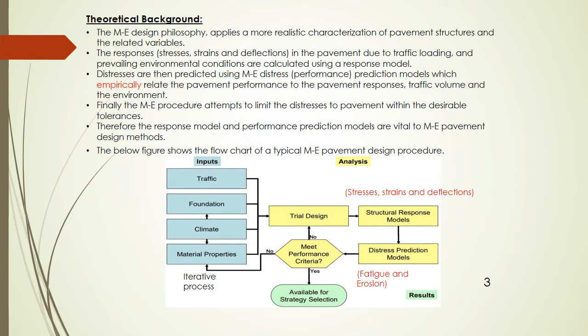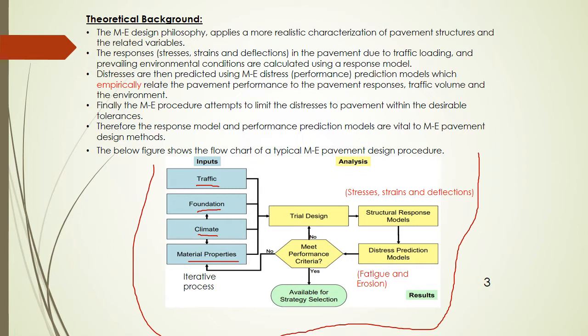As I said in tutorial number 6, design of flexible pavements according to the Asphalt Institute method, the mechanistic empirical approaches of design follow this chart here, where you assume a trial design thickness based on some inputs like traffic, foundation, climate, material properties.